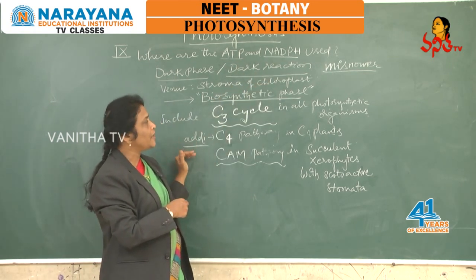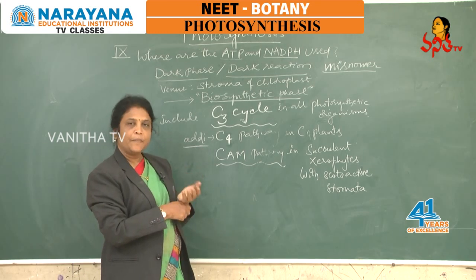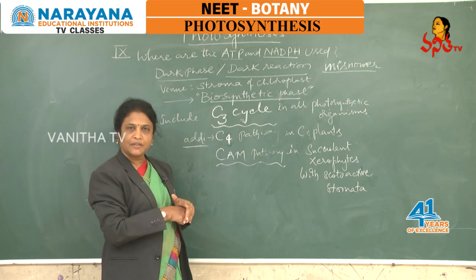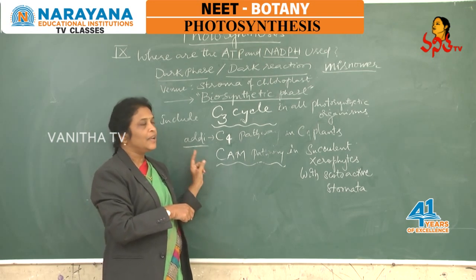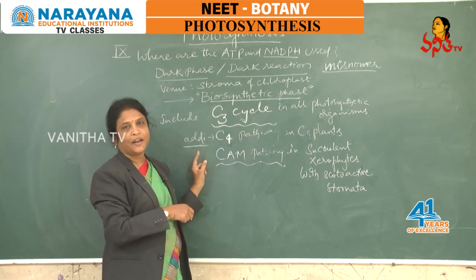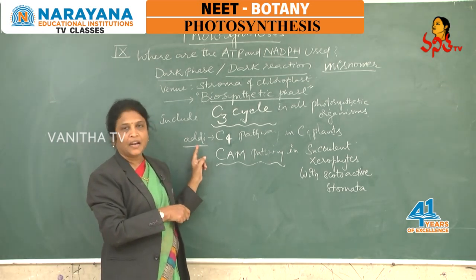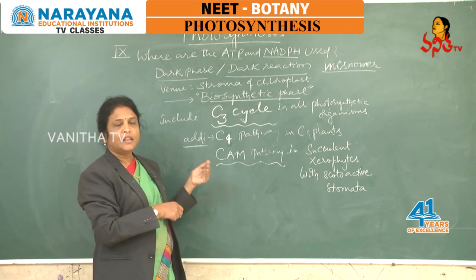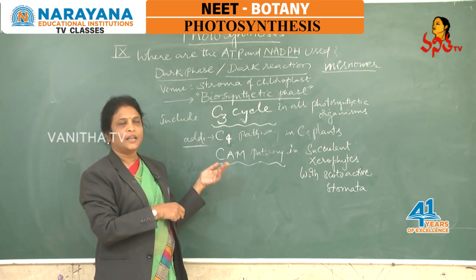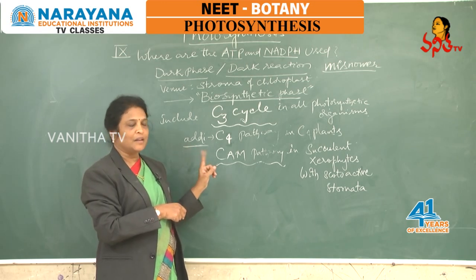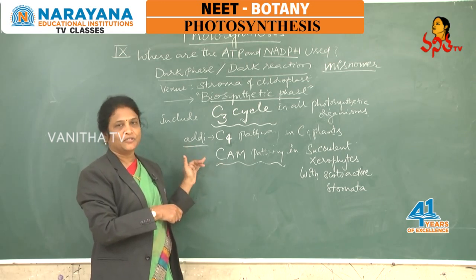So, dark phase reactions occur independent of sunlight, either in presence of sunlight or absence of sunlight, but depend on the products of light reaction, meaning they need ATP and NADPH. Till there is supply of ATP and NADPH, dark phase reactions occur whether in presence of light or absence of light.